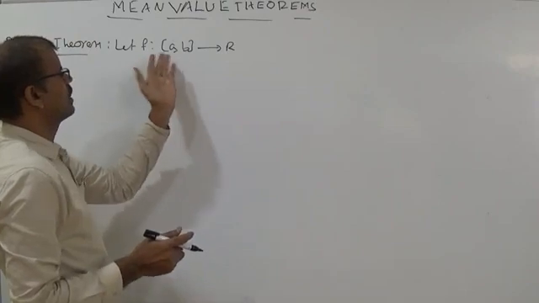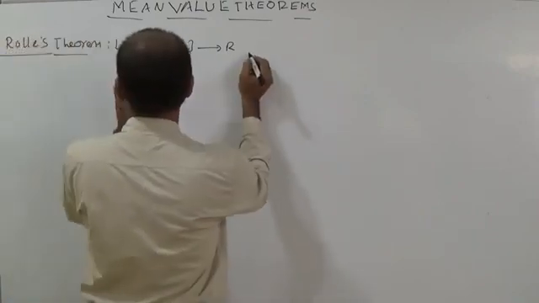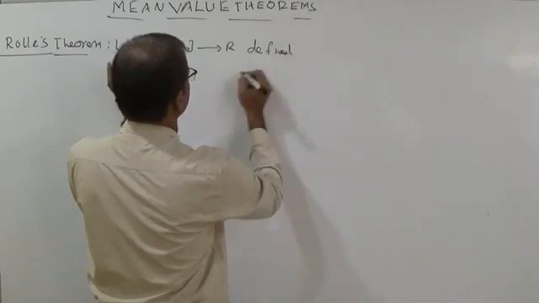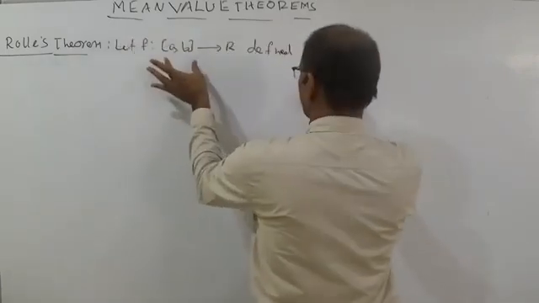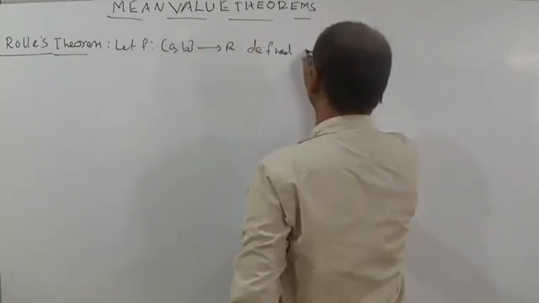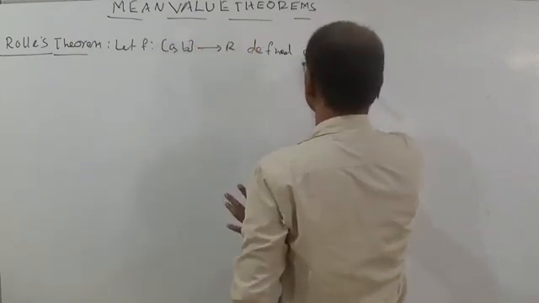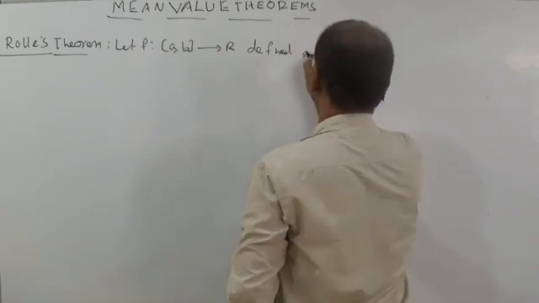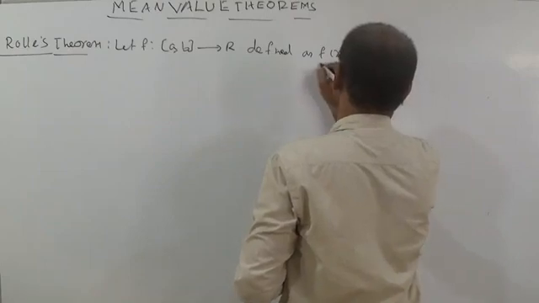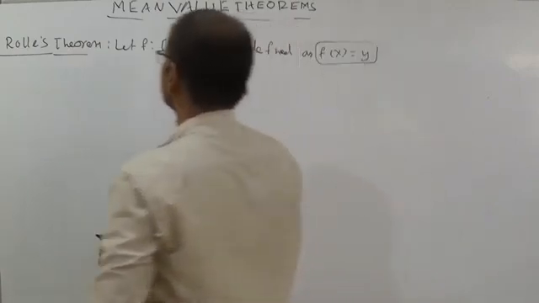So f maps closed interval a comma b to R, defined on real numbers, as f of x. Simply I am writing f of x is equal to y, or y is equal to f of x. It is a curve also.